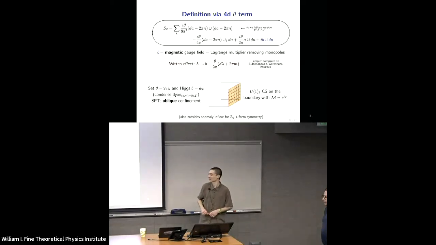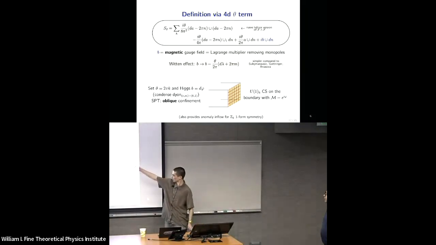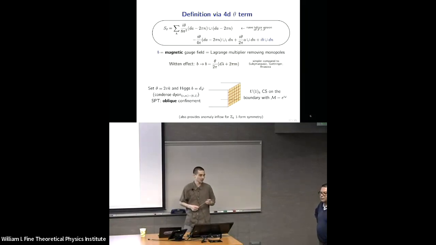One thing I didn't mention is confinement. We have to somehow make these monopoles dynamical. Either we can couple matter to this magnetic gauge field, and then if we condense the matter, we'll get electric confinement.